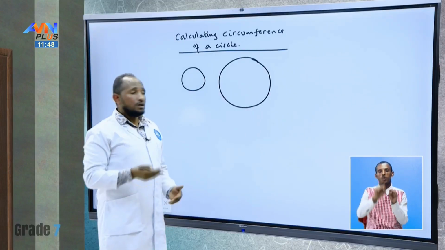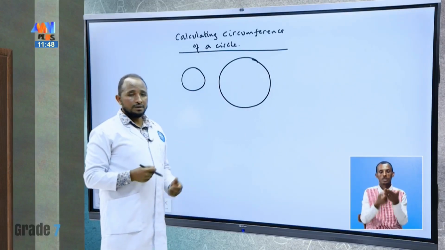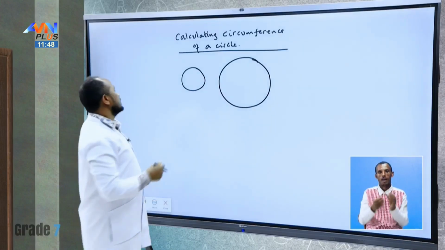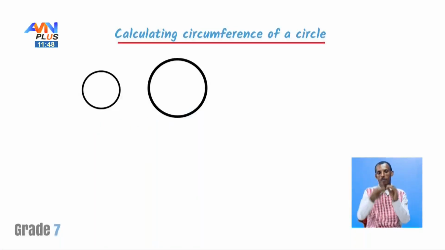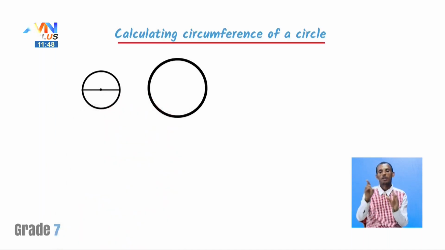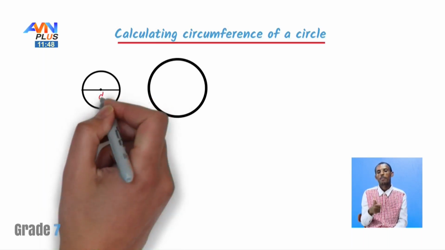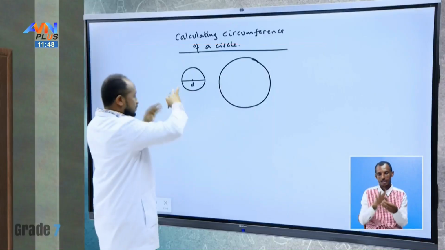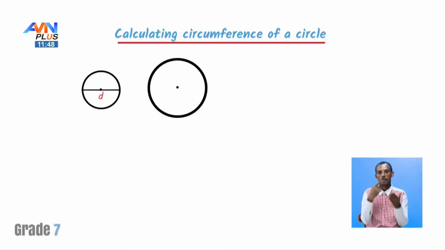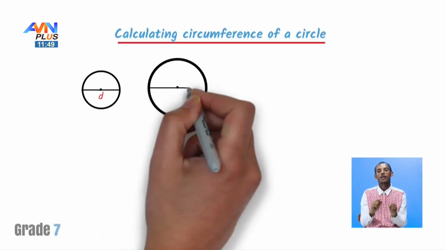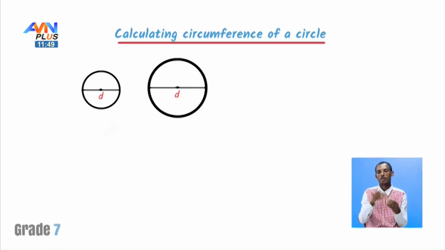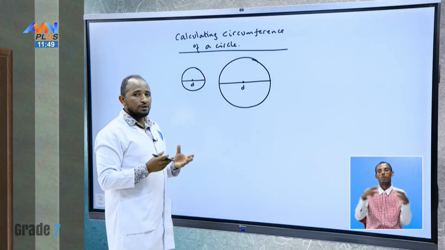If you do this, you'll get some number. Look here, measure first the diameter of this circle made of a string or a rope. Again, you can measure the diameter of this circle, which is made of a rope.